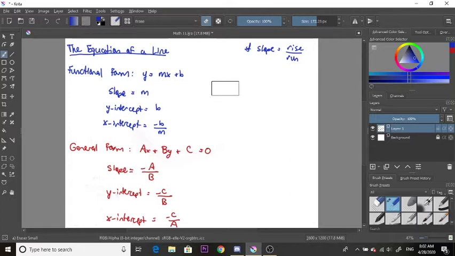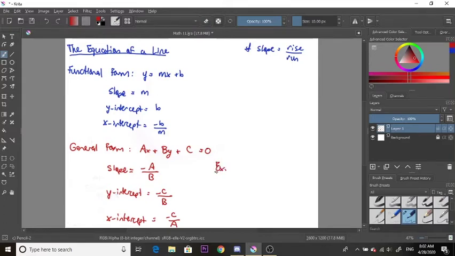Now let's try an example using the general form. So let's say we have 2x plus 3y minus 4 is equal to 0. To find our slope, we have to take the negative of our a.